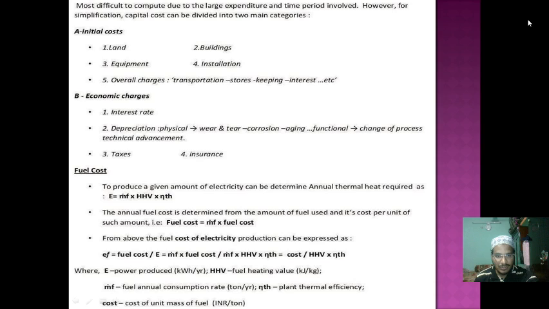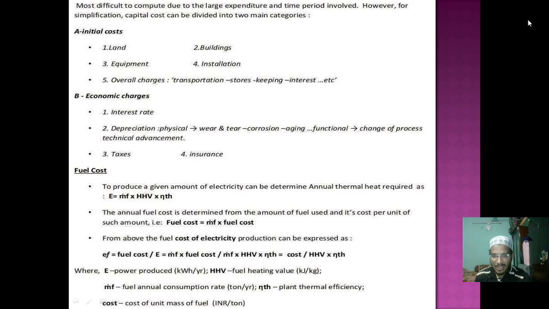To produce a given amount of electricity, if the consumer requirement is 300 kilowatts per hour, then as per the 300 kilowatts per hour, we have to supply the fuel to the power plant.